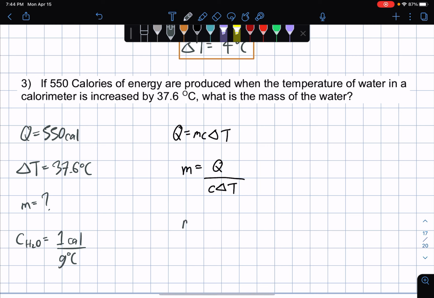Okay, mass is equal to 550 calories over the specific heat, which is this value, times 37.6 degrees Celsius.